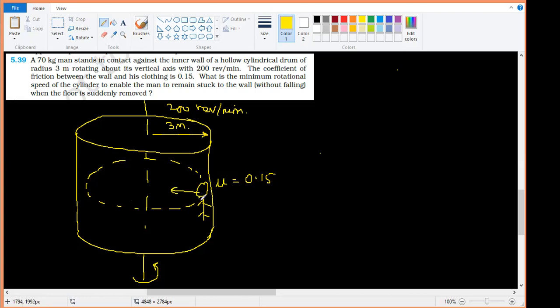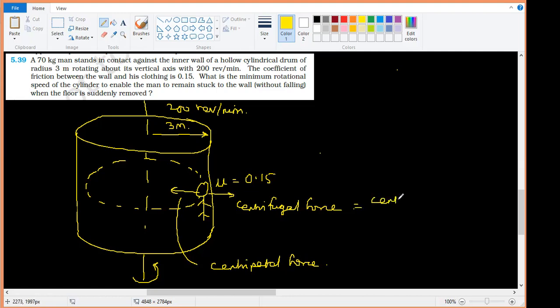But when the car is taking a turn towards your left, you are getting pushed towards the right, which means the centripetal force is opposite to the centrifugal force. So this is centrifugal force, and this is your centripetal force. But you know that centrifugal force is equal to centripetal force.